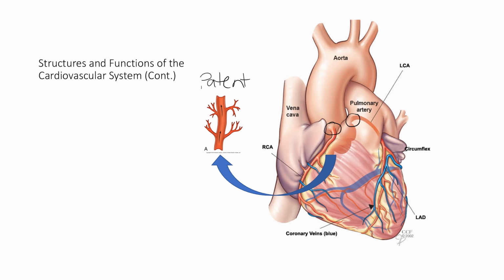So blood flow is happening, going through this coronary artery to supply the myocardium with oxygen and nutrients. If the coronary artery was to have a buildup of cholesterol and lipids, then you're going to see a coronary artery starting to resemble B. And what you're seeing here, that yellow stuff that's building up there, that's plaque.